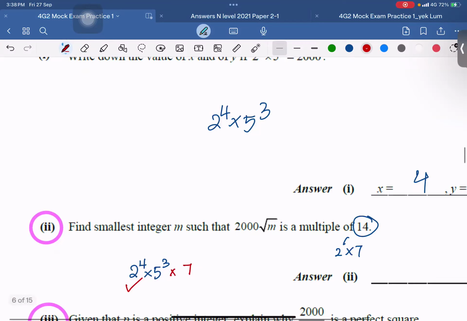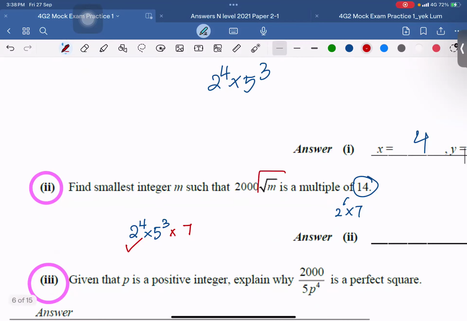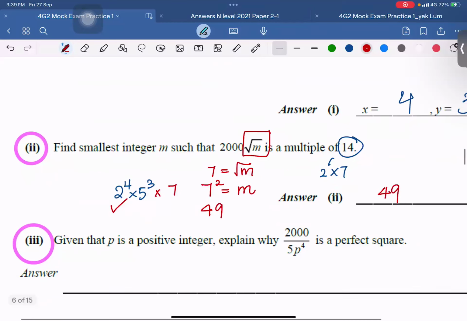Okay, the number 7. But they say square root m is the number that you want. So it means 7 equals square root of m. I want to get the number for m. I square the 7. Answer will be 49. Is this part okay?